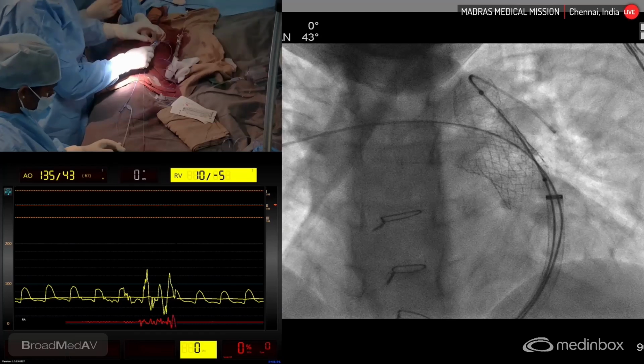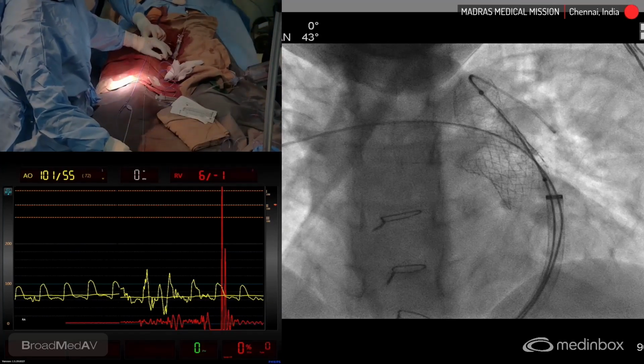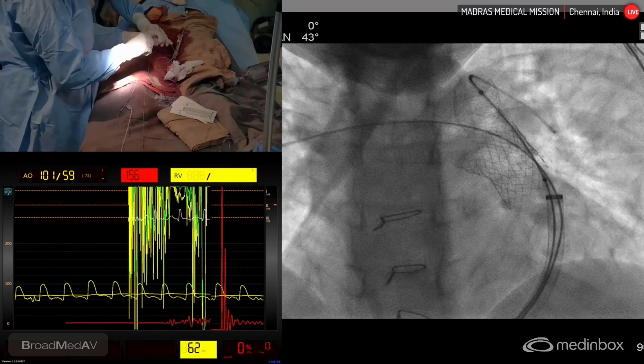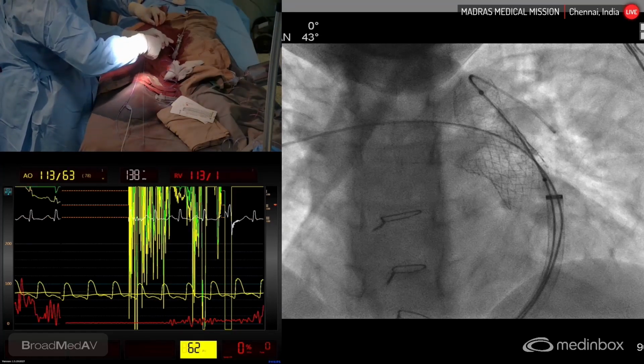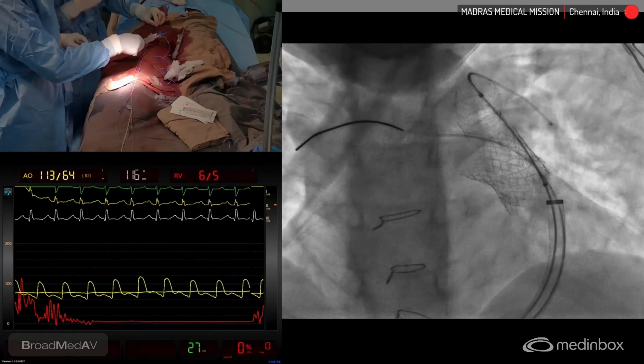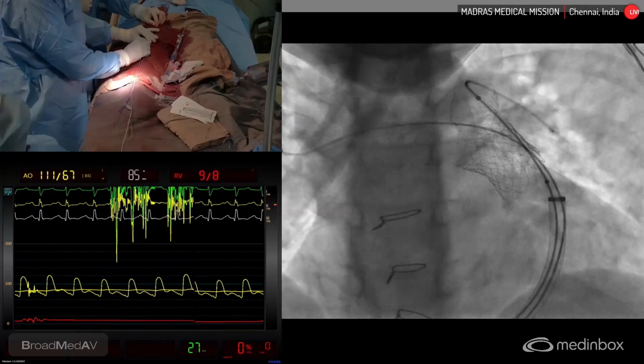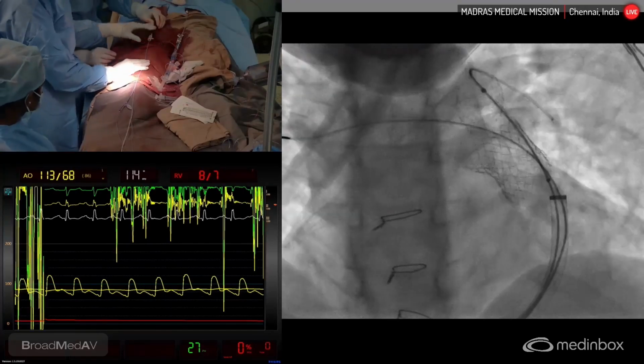Let me see the picture now. Take your hands out. So now we are going for an angiogram for both. Hold it here.